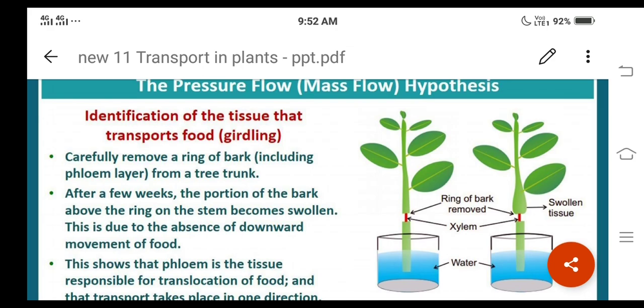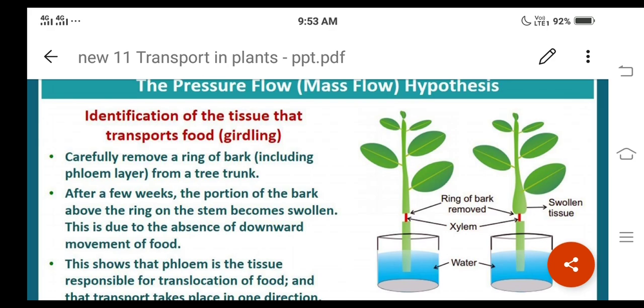Whatever nutrients are moving from the upper part to the lower part accumulate in that region, as the translocation of sugars and other materials down the plant was stopped, whereas the upward movement of water was not affected, right?